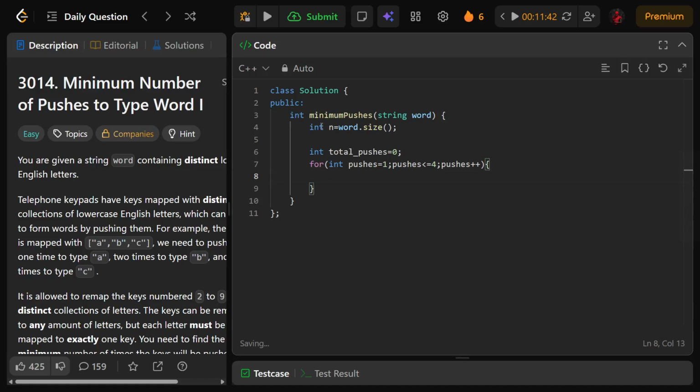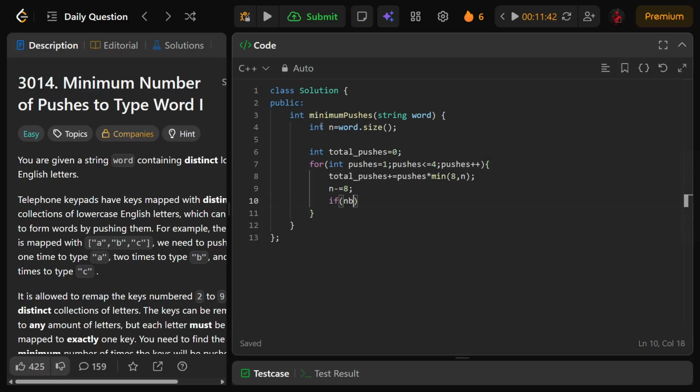Okay. Now, depending on your n, you'll be pushing the characters. So your total pushes is gonna be, I'll say, pushes times minimum of 8 comma n, and n is going to be decreased by 8.